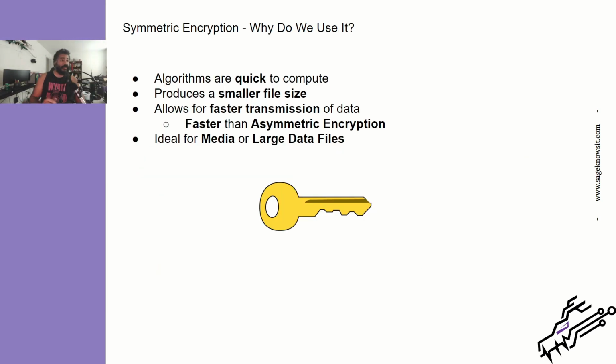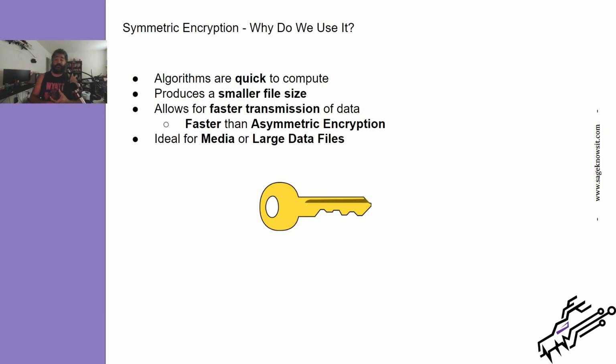So again, that becomes a real big issue with symmetric encryption. So with all this talk about the negativity regarding symmetric encryption, why do we even use it? Well, simply put, it does have some advantages, including that the algorithms for symmetric encryption are very quick to compute. It produces a far smaller file size than its counterpart. It also allows for faster transmission of data, especially when compared against its counterpart, asymmetric encryption, which we'll talk about later.